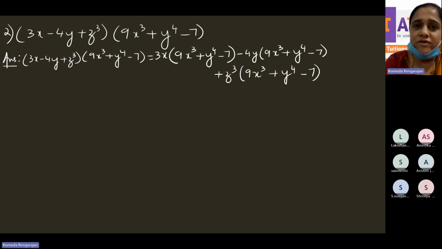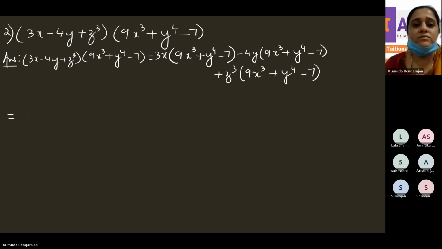We multiply every term in the first bracket with the second bracket entirely. If the first bracket has 5 terms, then multiply each of the 5 terms with the second bracket. That's the first step.